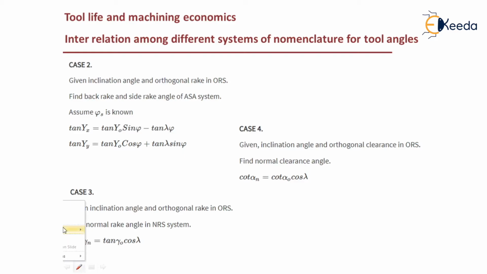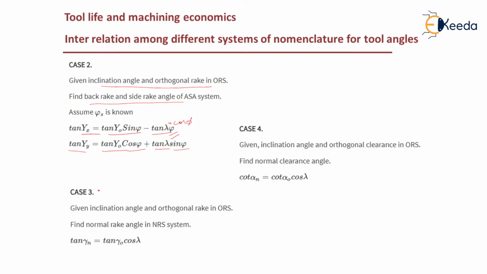In that case you need to use this relation: tan γx equals tan γ naught sin φ plus tan λ cos φ. At small angles of φ, cos φ is approximately equal to 1. Tan γy equals tan γ naught cos φ plus tan λ sin φ. So this is used when the inclination angle and orthogonal rake in the ORS are given, and we need to find the back rake angle and side rake angle in the ASA system.